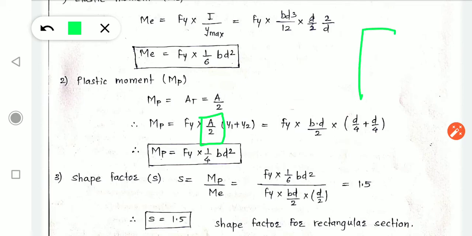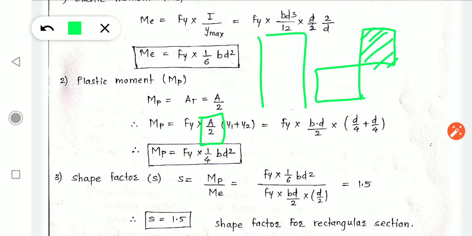Next is the A2 distance. Now tell me what will be the A2? Area of this rectangle, you can say the area of this upper stress fiber in the compression region. What will be the area of this rectangle?